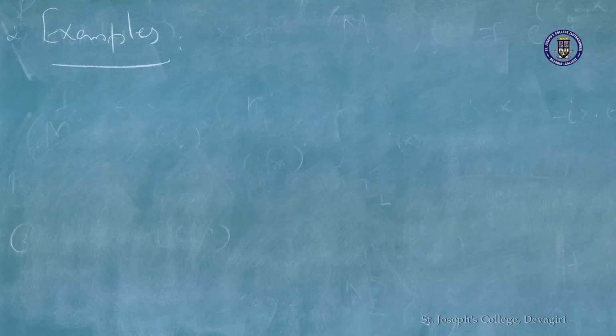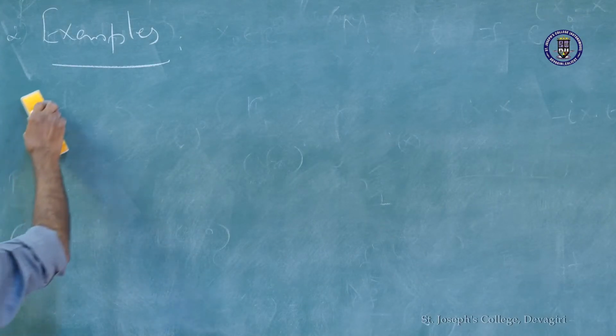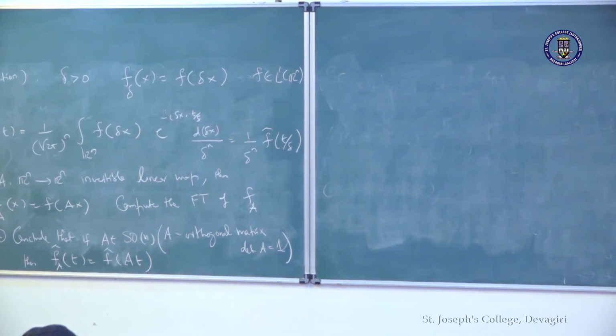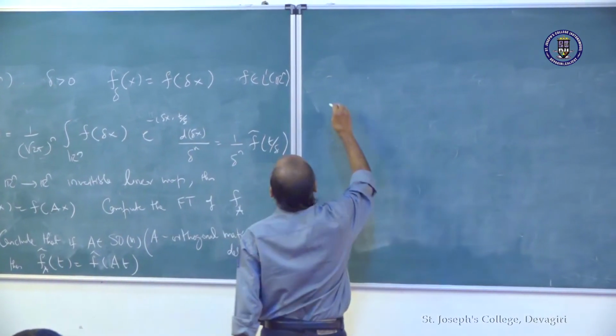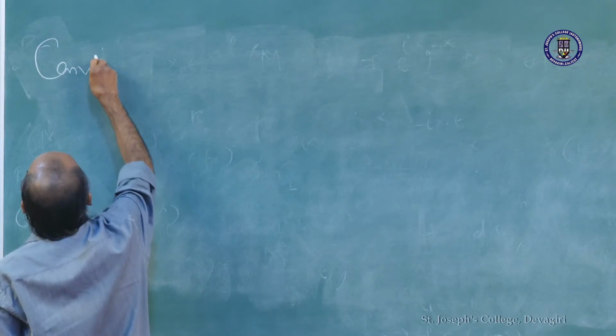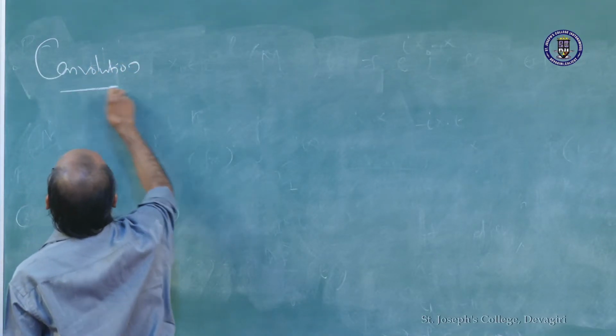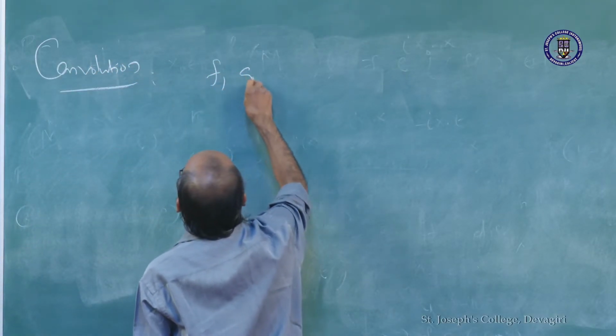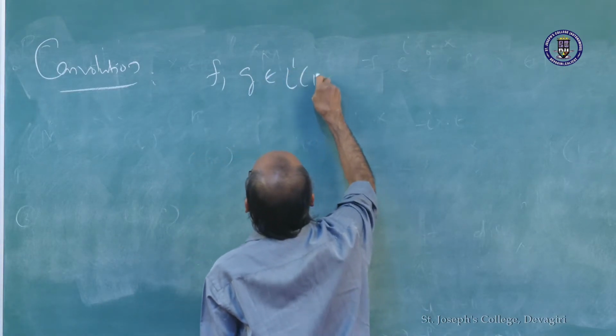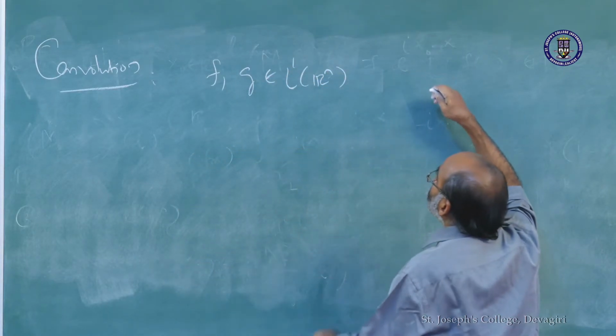Okay, so the most important property we left out is what happens with the convolution, right? So convolution. Take f and g in L1 and we'll redefine the convolution a little bit.